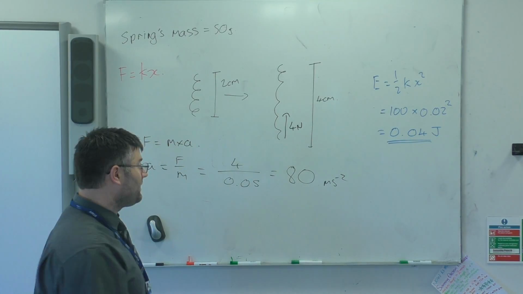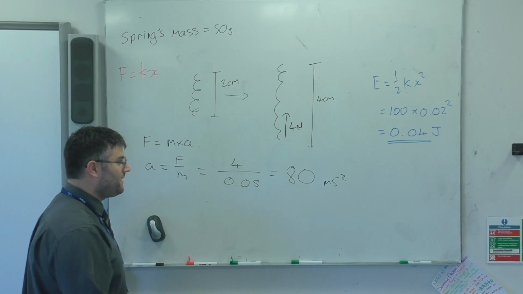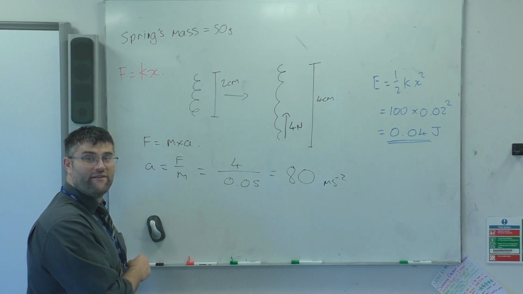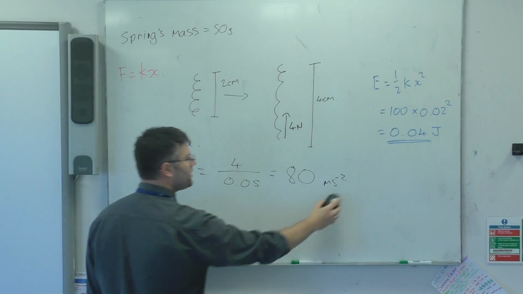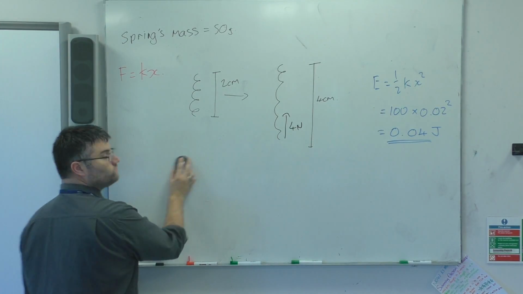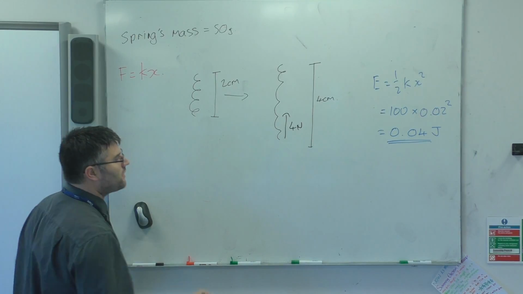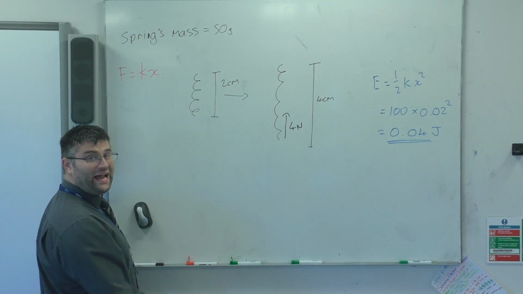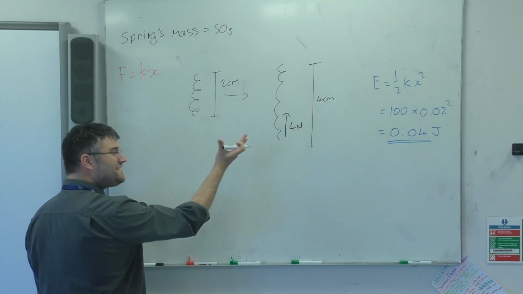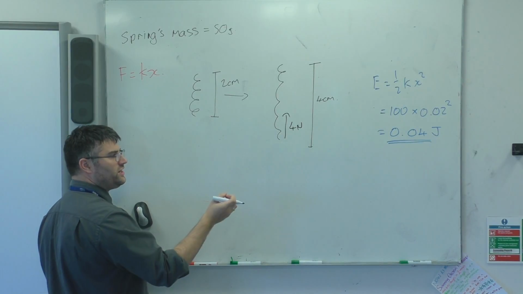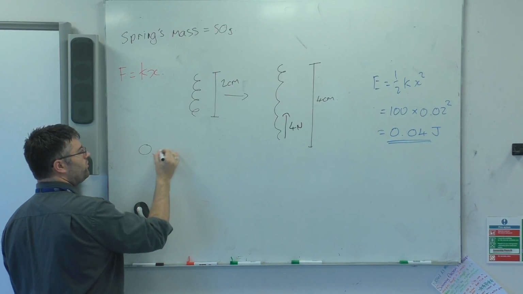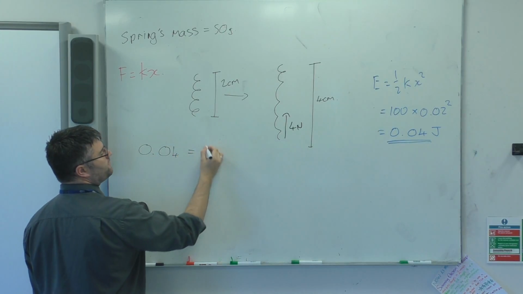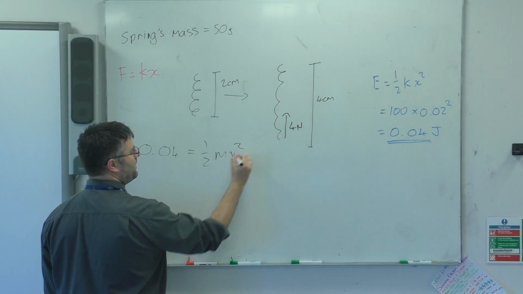Okay then, finally we're going to look at working out the maximum velocity that we can obtain. And we're going to need the energy up over here, that is the maximum energy that it has. Now we can assume when we release this, all of that stored energy is transferred into kinetic energy. So we can say that 0.04 joules is equal to a half mv squared.